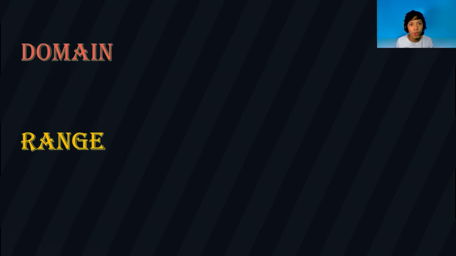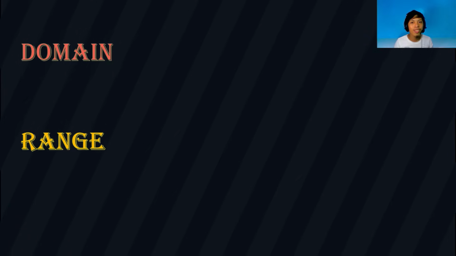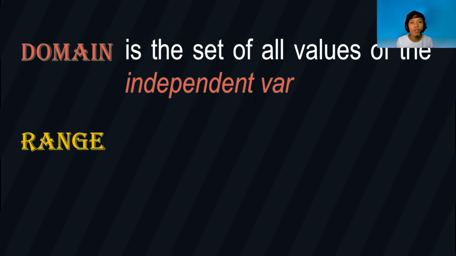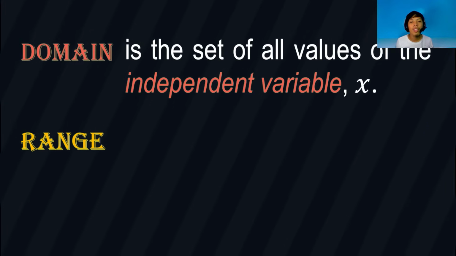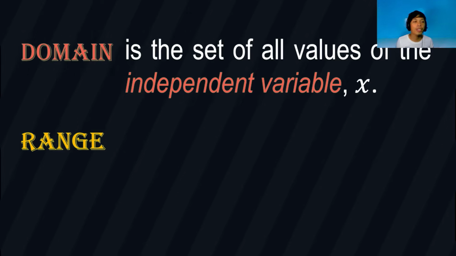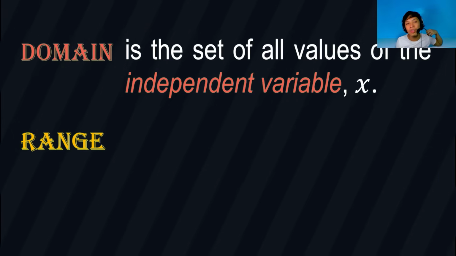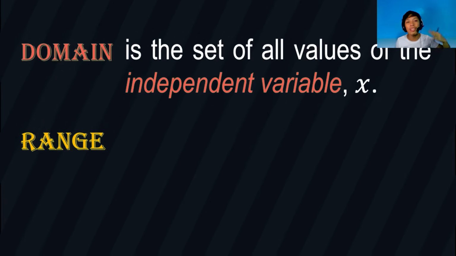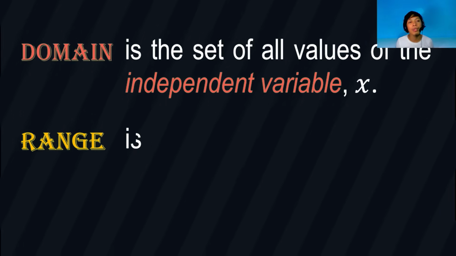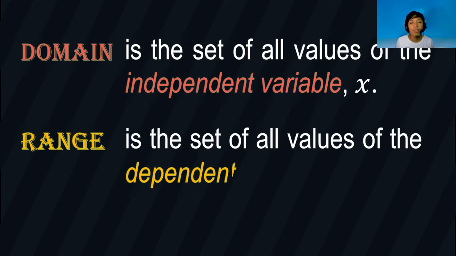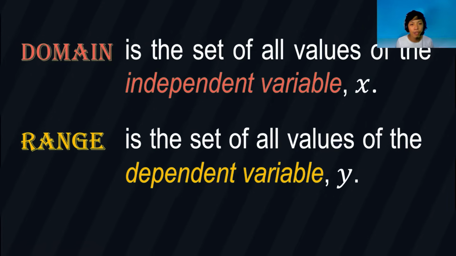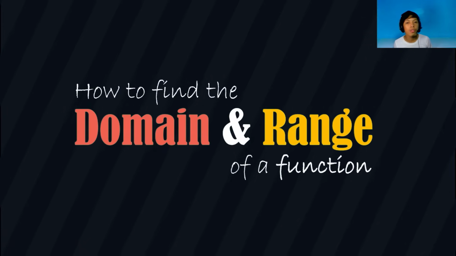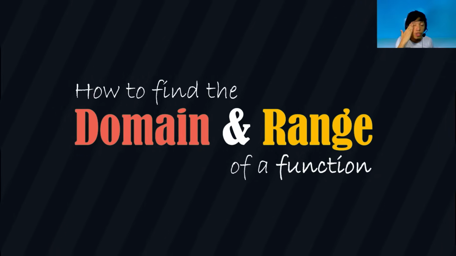Domain is the set of all values of the independent variable X. So basically, we just collect all the values in set X, and that's the domain. The range is the set of all values of the dependent variable Y. So that's the definition of the domain and range.